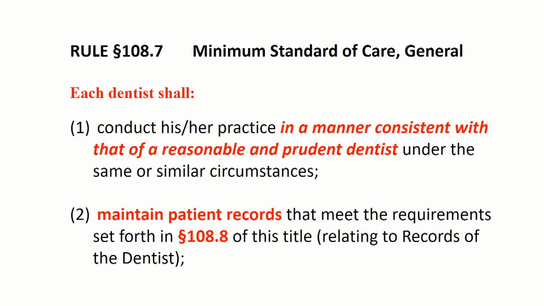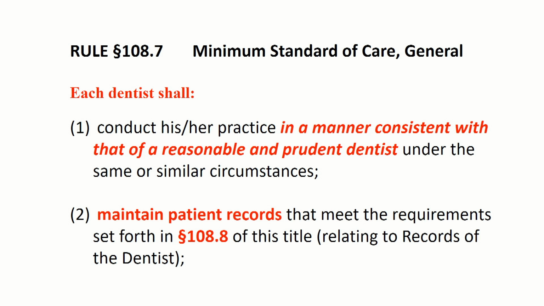Rule 108.7, minimum standard of care. This is the text of the rule. It begins, each dentist shall. Now, starting with those three words, please note when it says shall in the law is equated to must. You are obligated to.